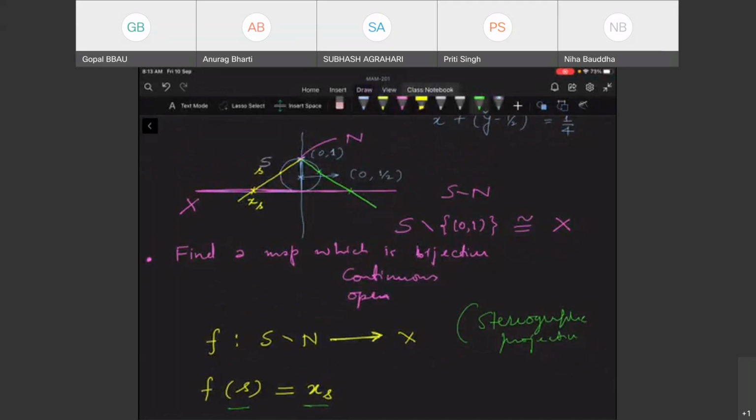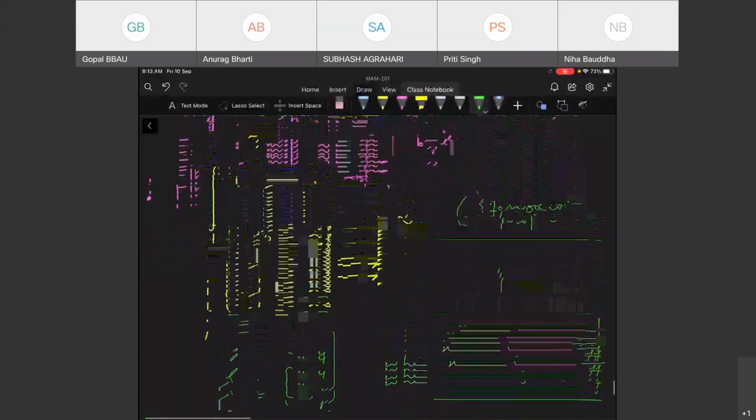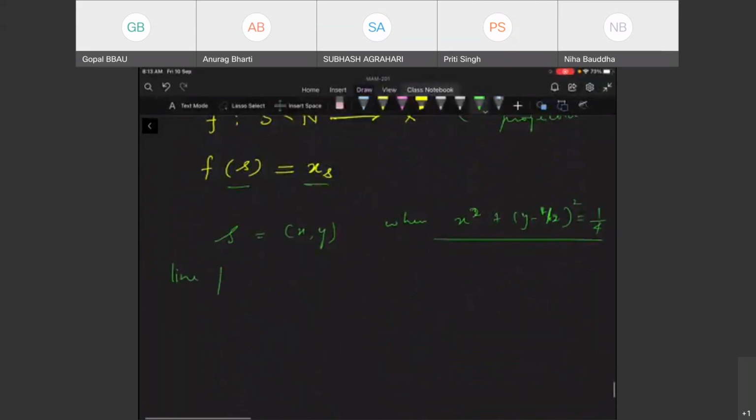And you also know the line passing through (x, y) and (0, 1).